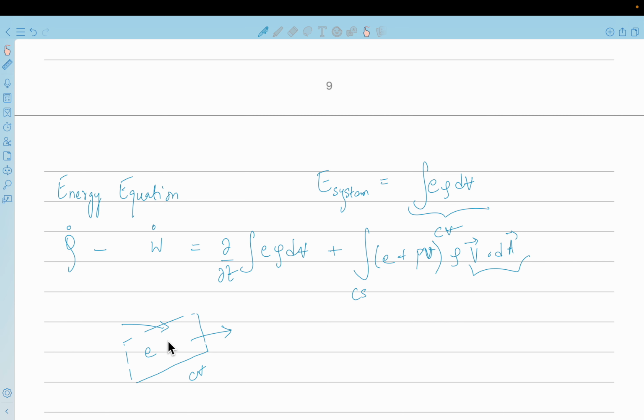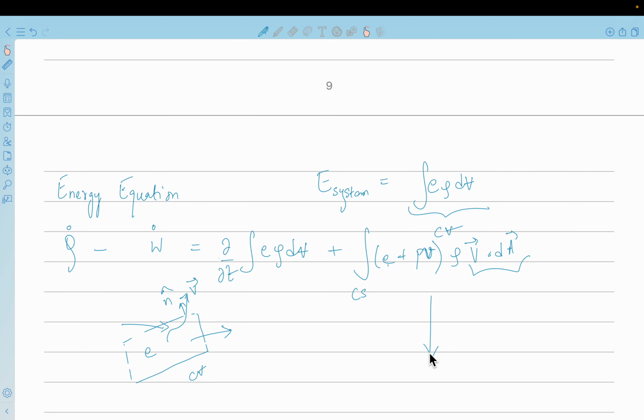So if you had some flow like this, V vector, and the n cap is in this direction, you have to take the dot product V dot n cap. And what is this flow which is moving across the surface carrying? First you had just the energy of the system, which is E rho. So it is carrying E times rho, but it's also carrying pressure energy, so that is P V rho.